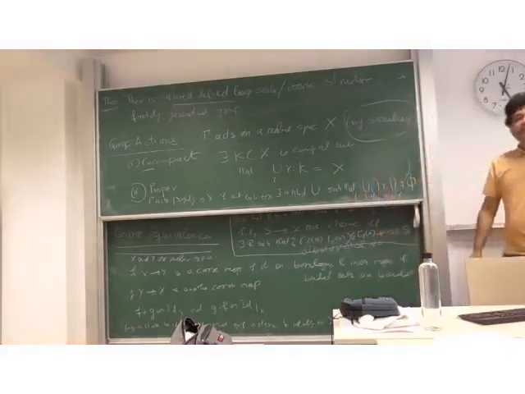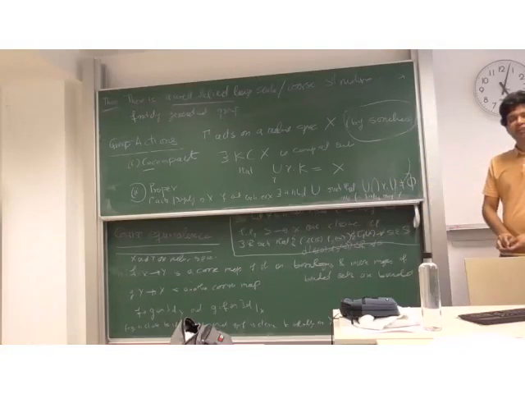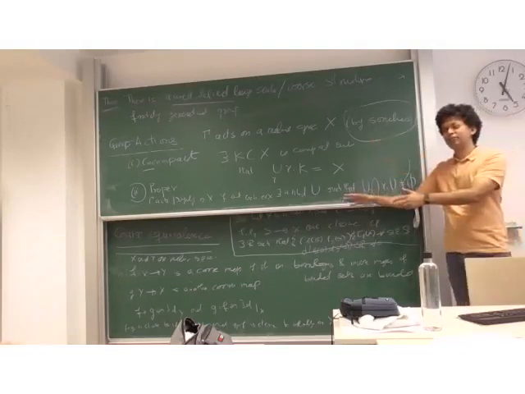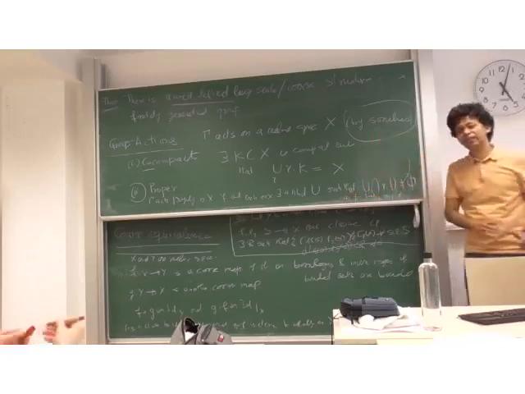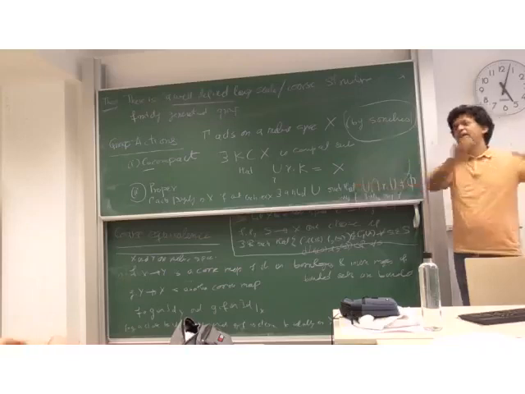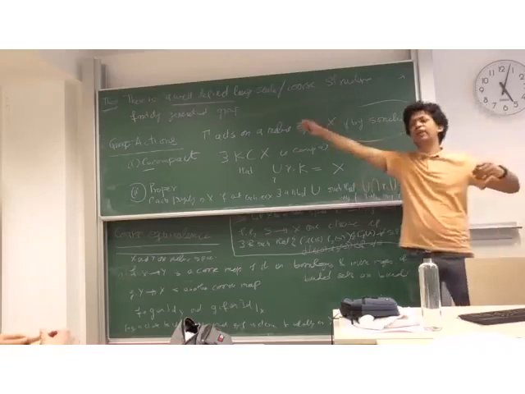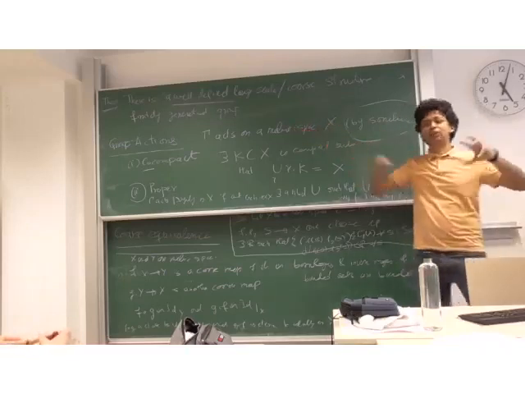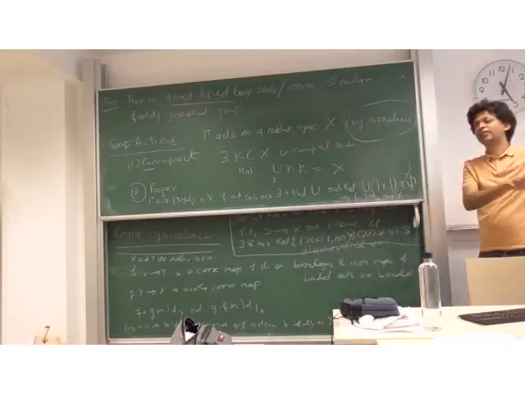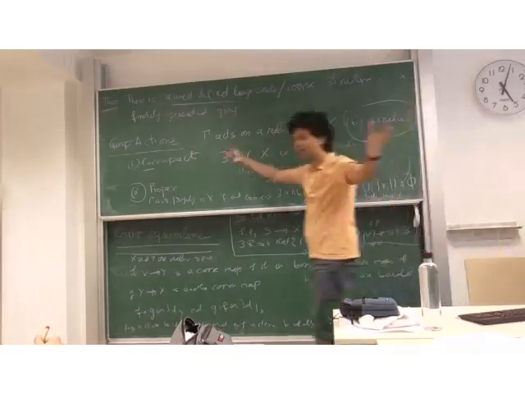That means usually this open set will be translated far away from itself and will not intersect itself. So this property says every point is thrown far away. Not just the point, a neighborhood is thrown far away so that it does not intersect itself. Properness is trying to throw things far away.